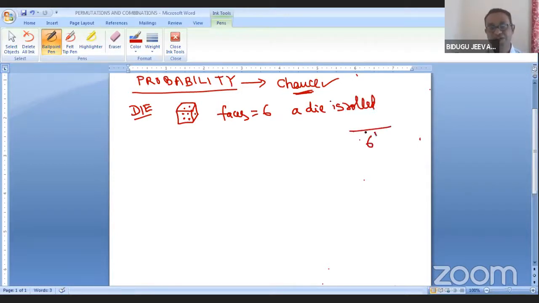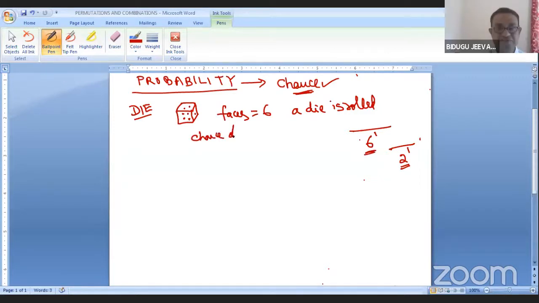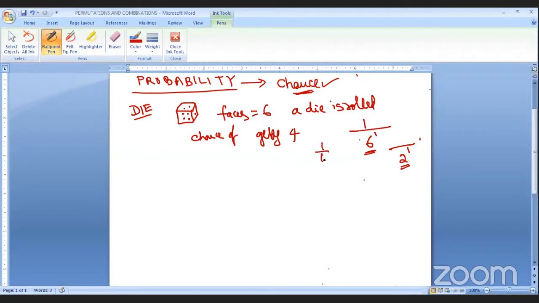Denominator comes 6 power 1. When a coin is tossed, I have written 2 power 1. Why did we use 2? There are only 2 possible outcomes. Here 6 possible outcomes. What is the chance of getting 4? How many 4s are there? Only 1. That is 1 by 6.